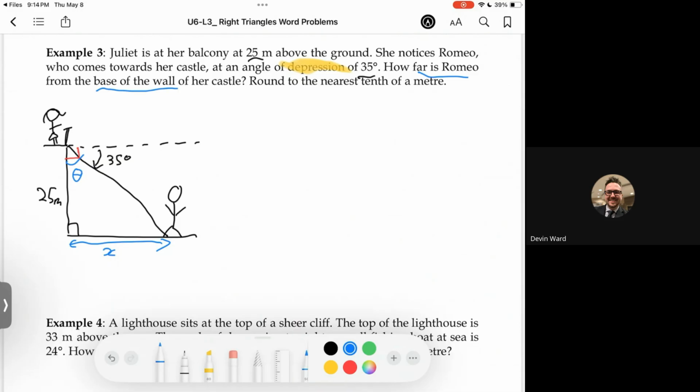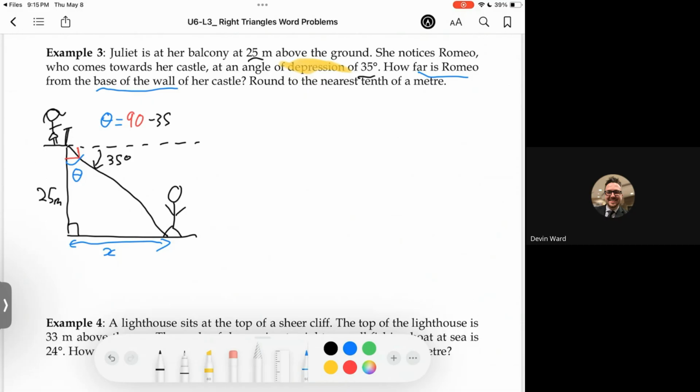Okay, and right angles are 90 degrees. So if I want to find out what theta is, I can calculate theta by taking 90 degrees and subtracting 35, because if I have 90 degrees from here to here, and then I subtract 35 degrees from that, what's left must be theta.